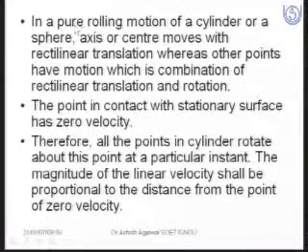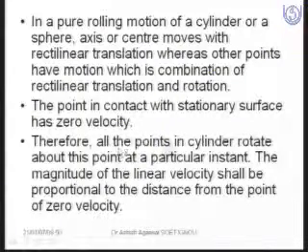If you take the case of pure rolling motion of a cylinder or a sphere, the axis or center moves with rectilinear translation, whereas other points have motion which is a combination of rectilinear and rotation. The point of contact with the stationary surface has zero velocity.